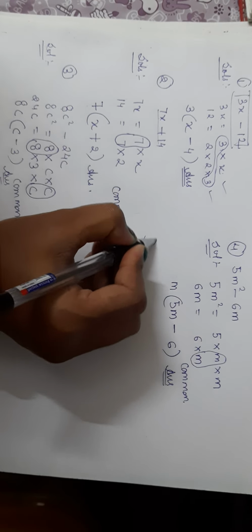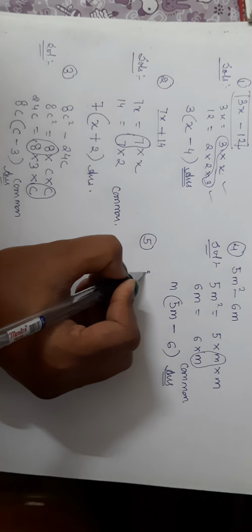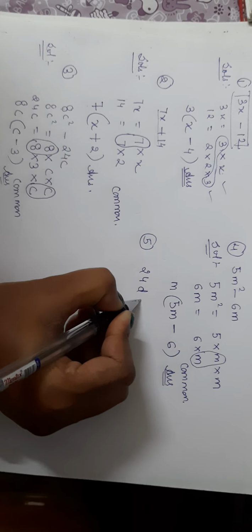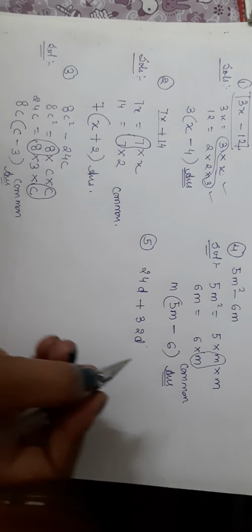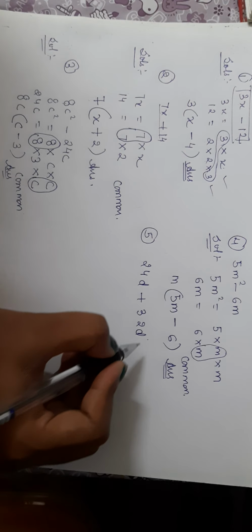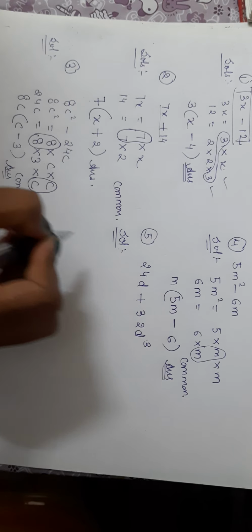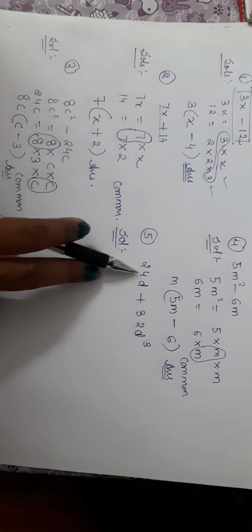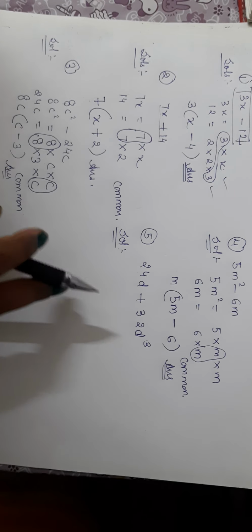Now on the fifth question, let's take one example: 24d plus 32d square, or cube is there. You have to take out the common factor from both the terms. If you don't know, you can write down the factors.